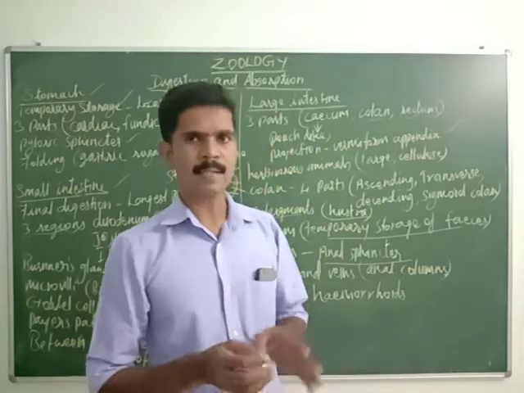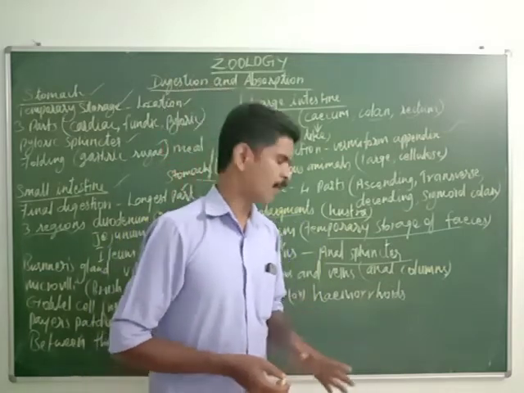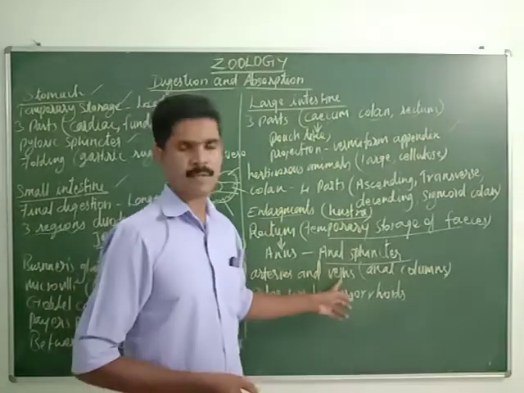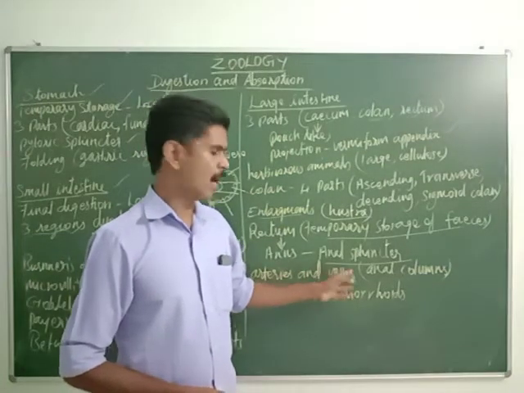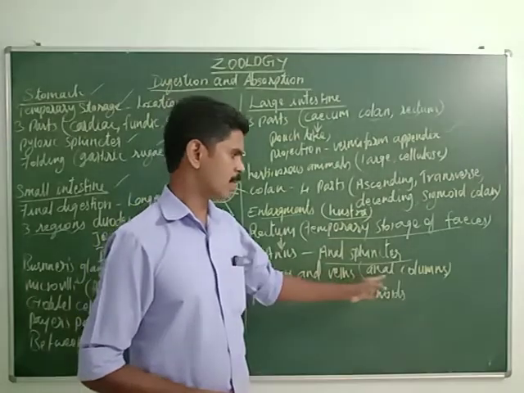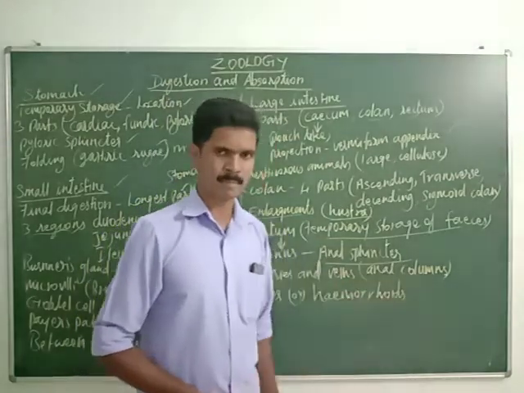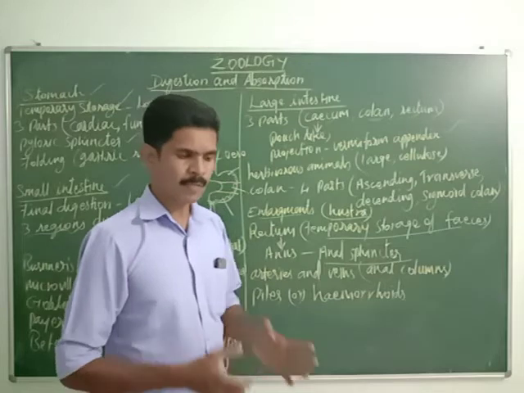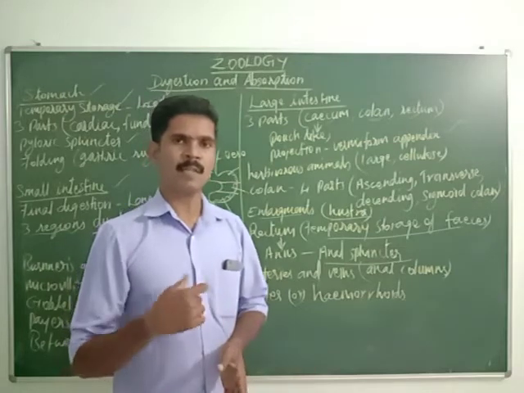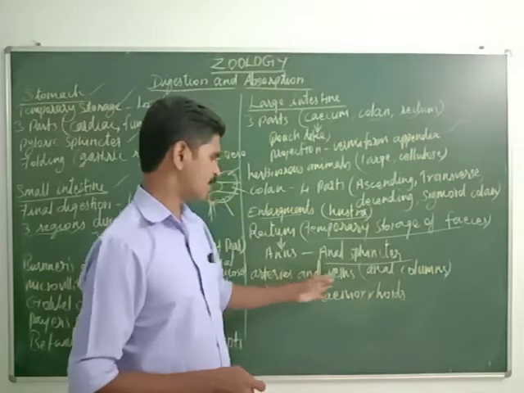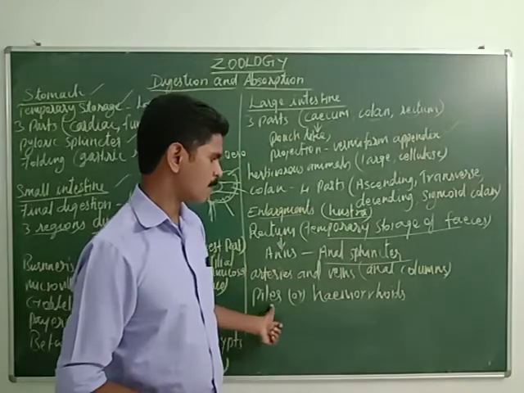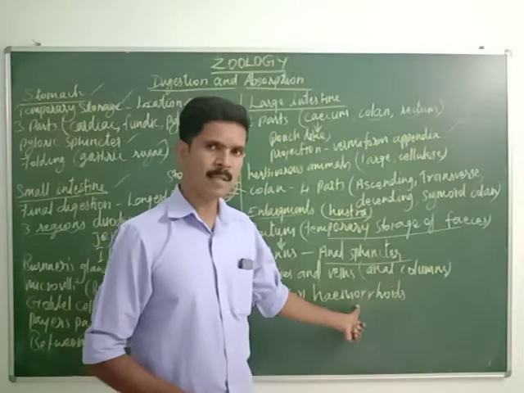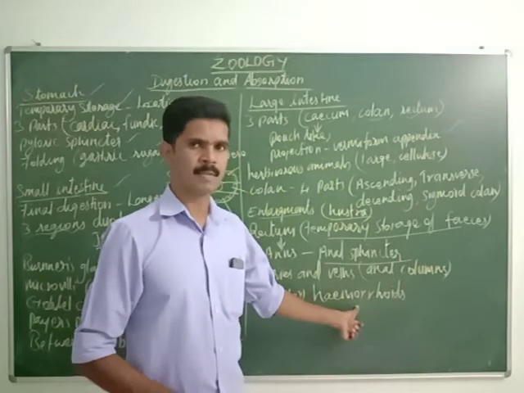Then in the anus region, a large amount of blood vessels, arteries and veins, are there, and these arteries and veins are together called anal columns. If any enlargement or infection occurs in these blood vessels, it leads to one disease. The name of the disease is piles, or hemorrhoids. Understand, my dear students?